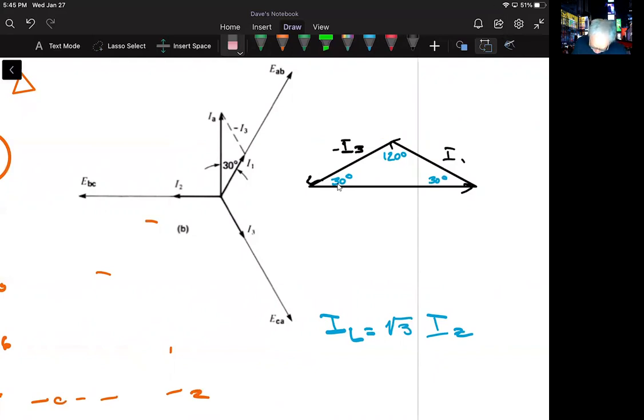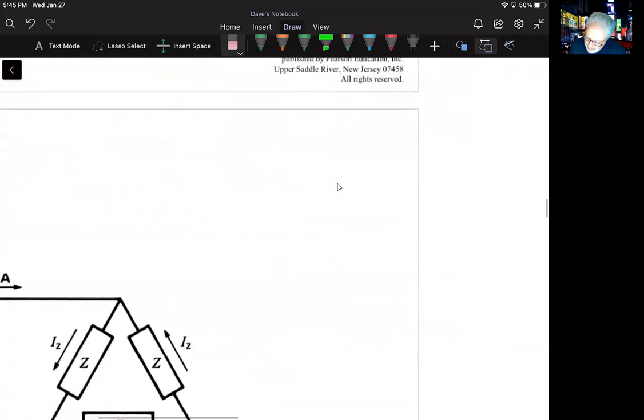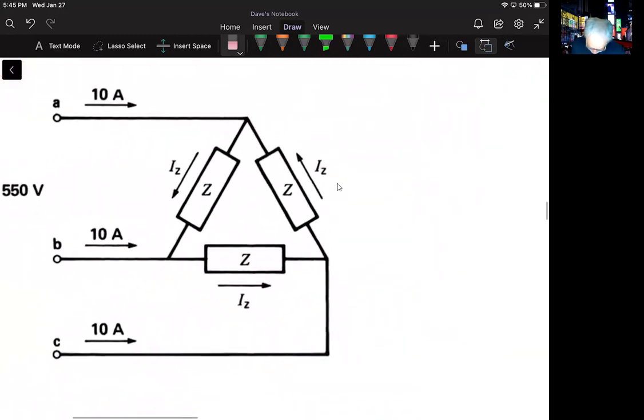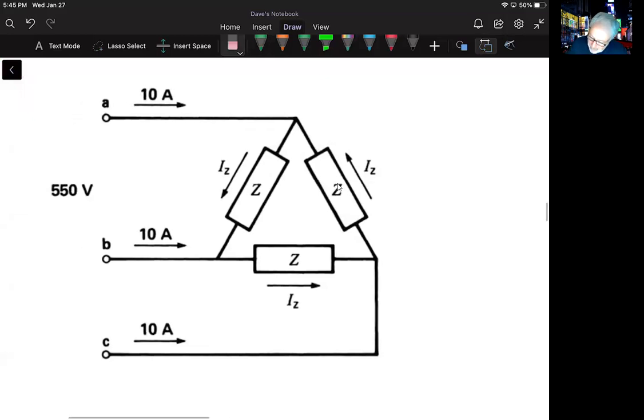Example 8.5 says we have 3 identical impedances. Okay, I have a separate slide for that. My bad. I have 3 different impedances, and they are connected in delta across a 3-phase 550 volt line. Oh, wow, he's got everything we need here. Here's our voltage, and here's our delta connection, right?